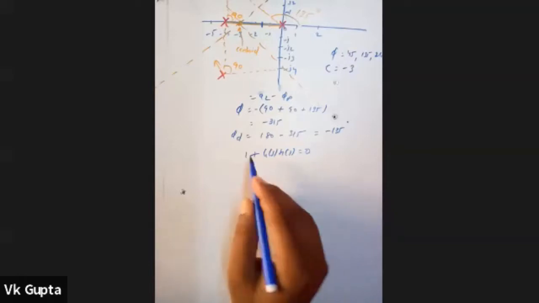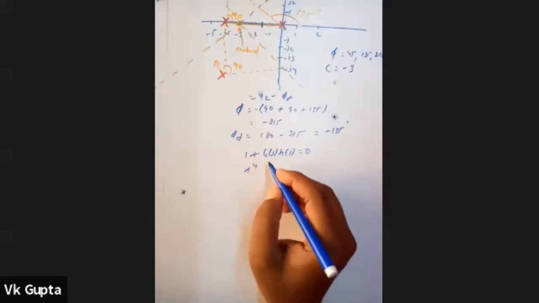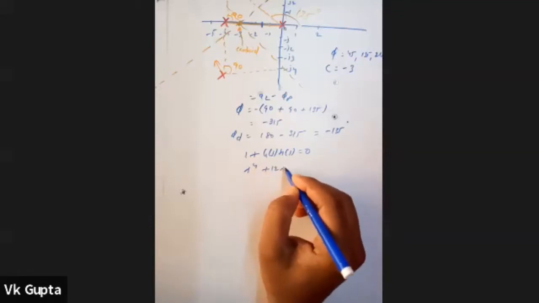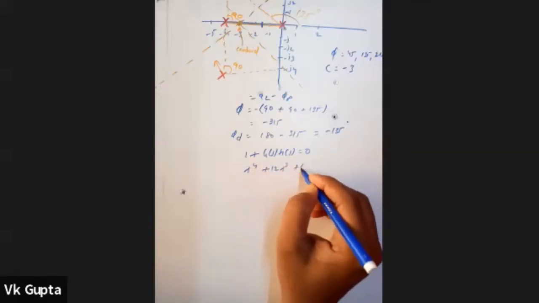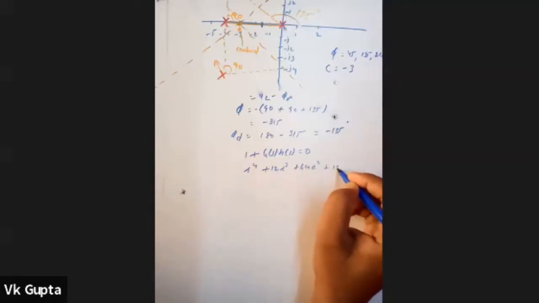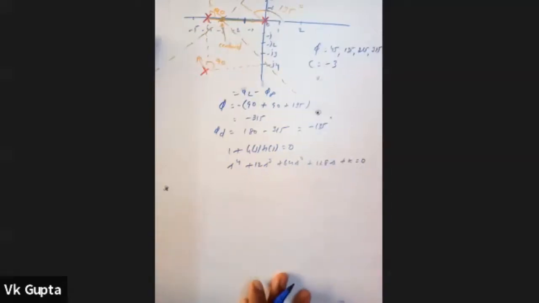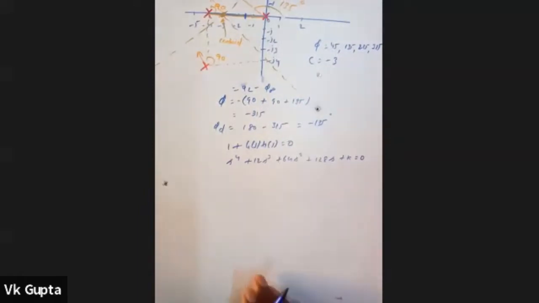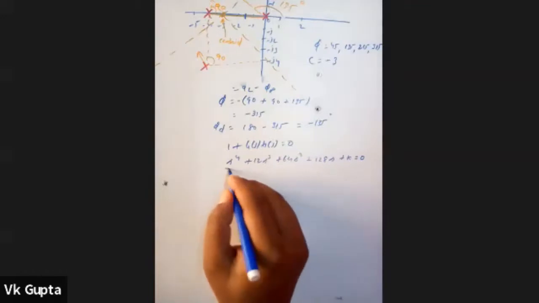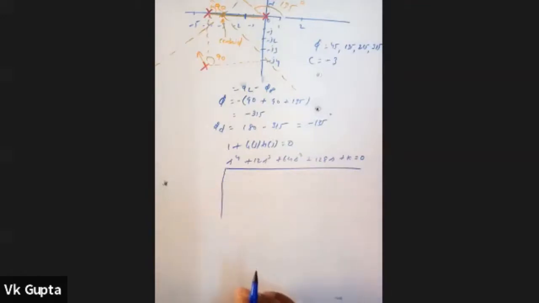So from this, I think we'll get S4 plus 12S cube plus 64S square plus 128S plus K equal to 0. Now this is your characteristic equation and draw the RH.